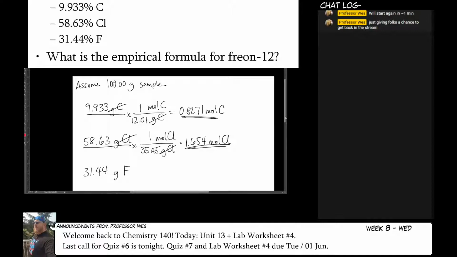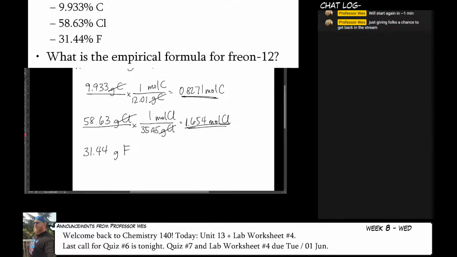We'll do fluorine. One mole of fluorine is, I think it's 19? 19, yeah. 19 grams. We'll punch that in the calculator too.